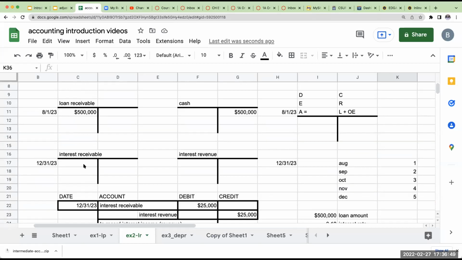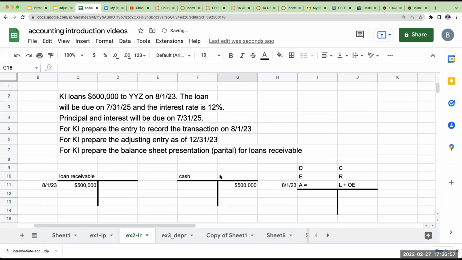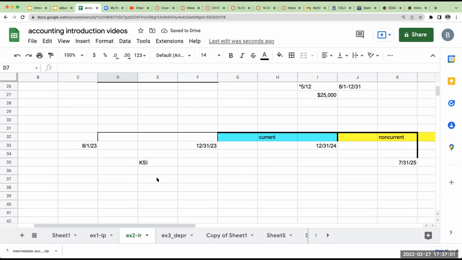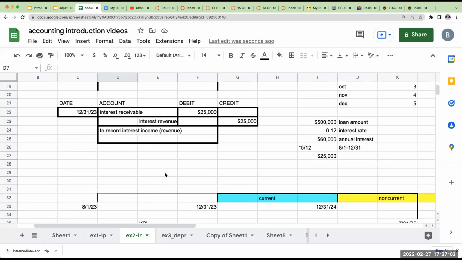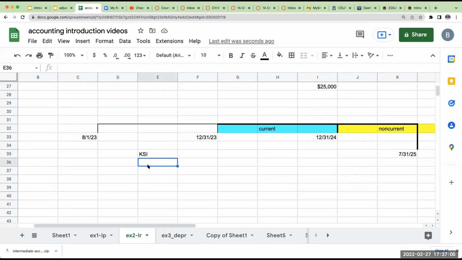Now, the last thing that I need to go through over here and do is I need to prepare the balance sheet presentation for loans receivable. So is this loan receivable current or non-current in total in terms of an asset?